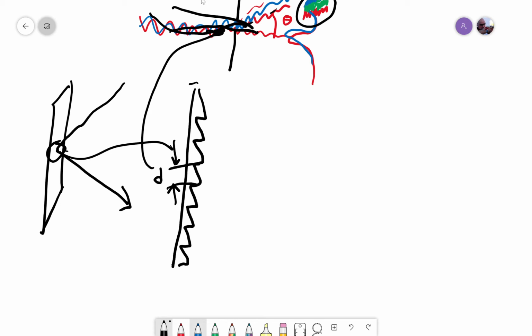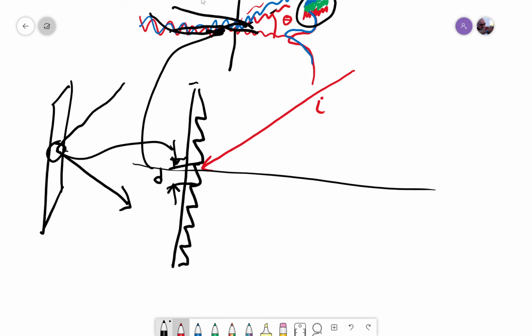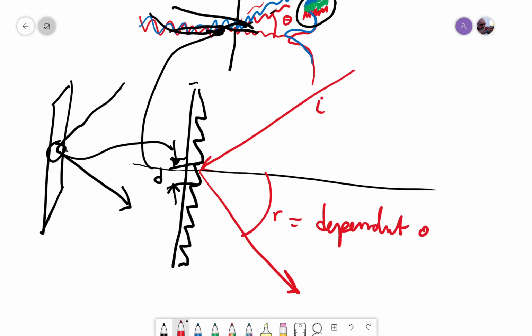So if the light comes in at an angle, measured from the normal to the plane of the mirror, it's going to be reflected off at some angle which is dependent on its wavelength.